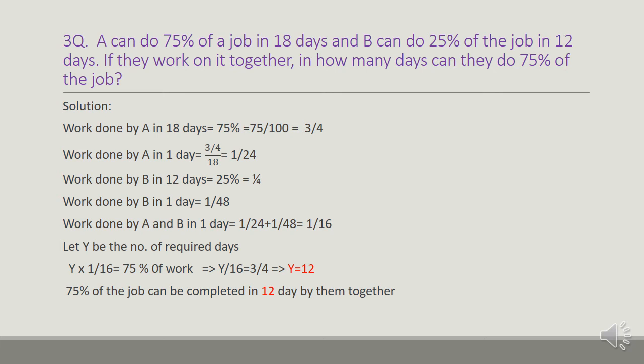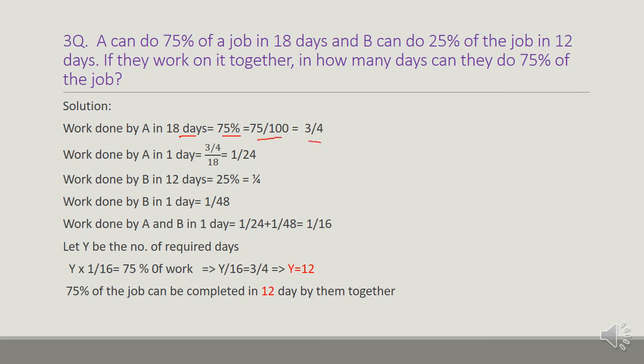Here, A can do 75% of a job in 18 days and B can do 25% of the job in 12 days. If they work together, in how many days can they do 75% of the job? Work done by A in 18 days is 75%. Here 75% means 75 by 100, which is equal to 3 by 4.